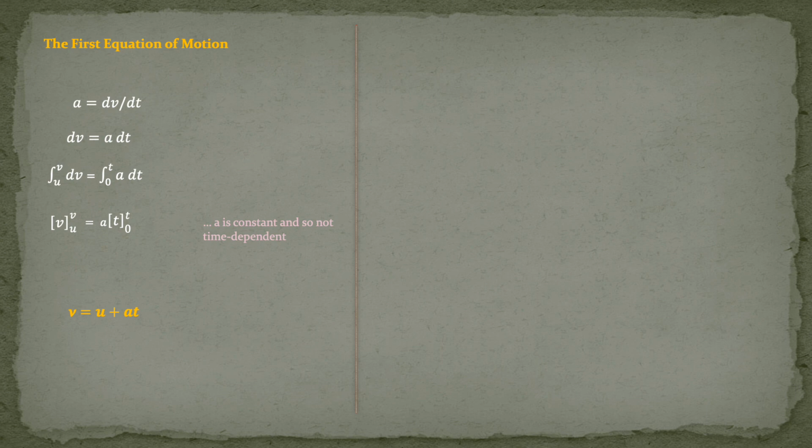Let's expand these brackets out, and we'll get v minus u equals a into t minus 0. Tidying that up, we get v is u plus at, the first equation of motion.